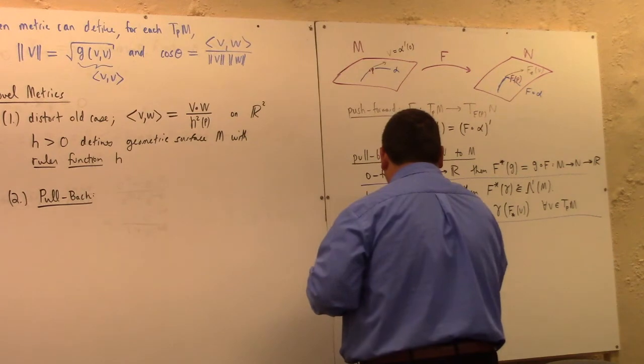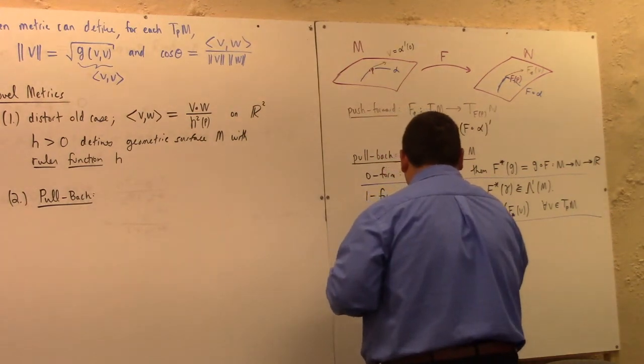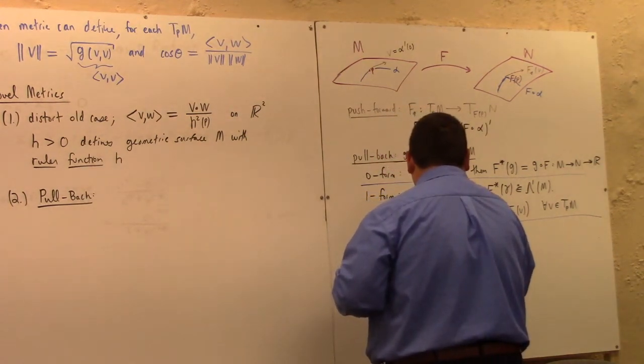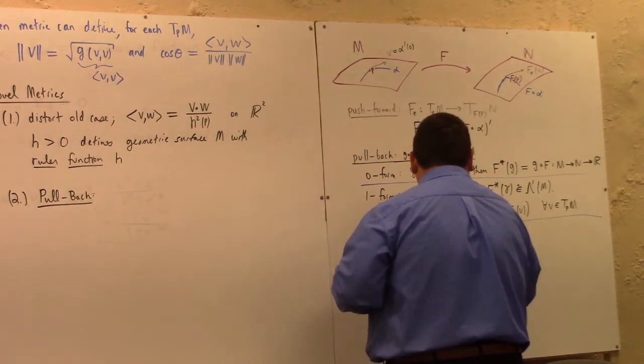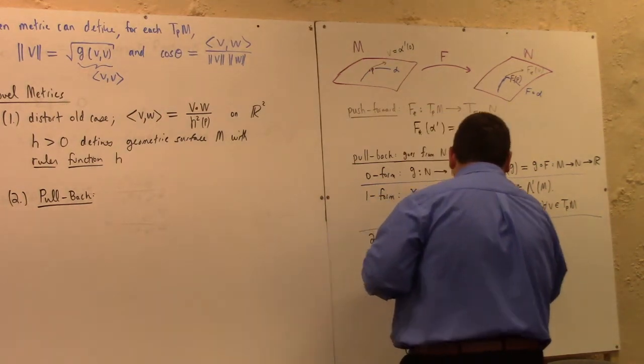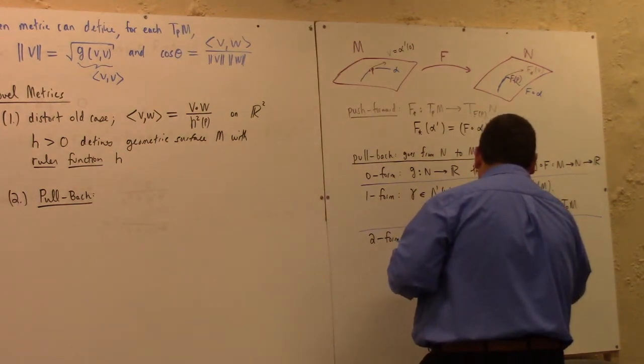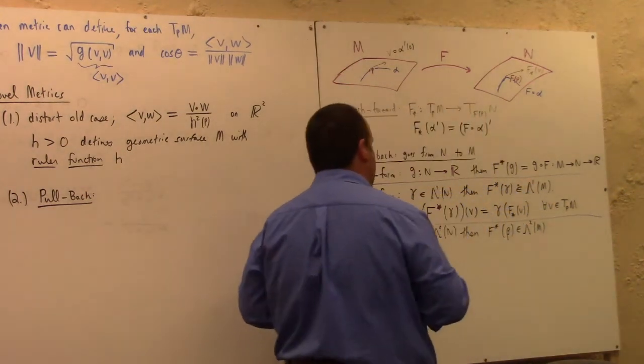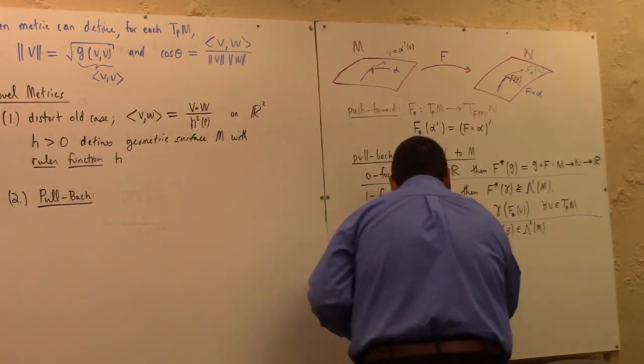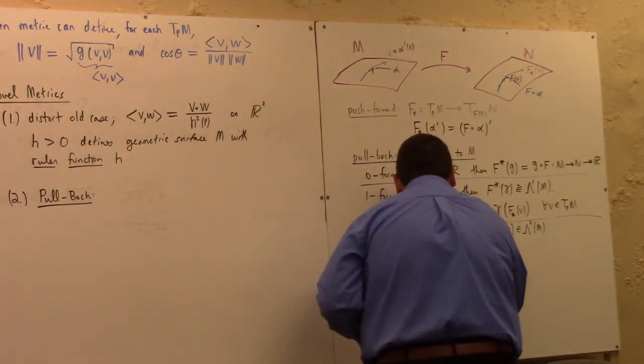Two form. Let's suppose beta is a two form on N. Then the pullback of a two form on N will be a two form on M. And the way it's defined, well, how do you define a two form?